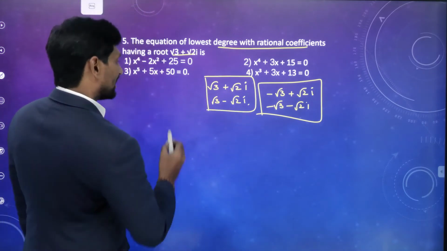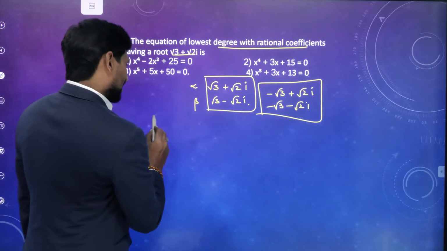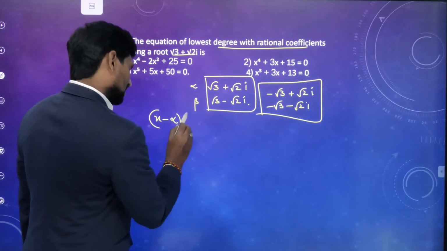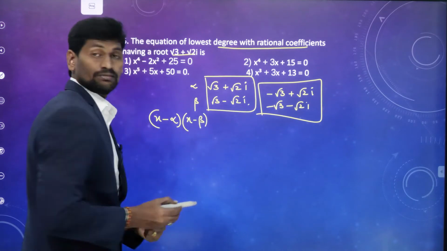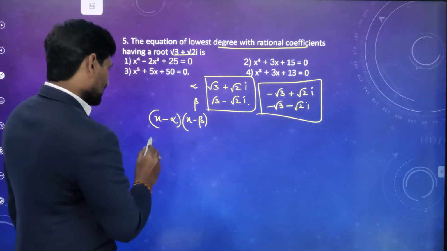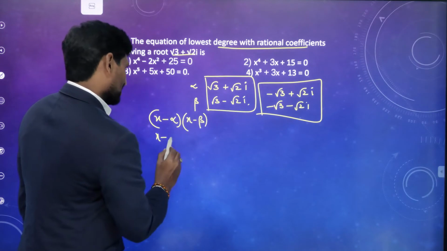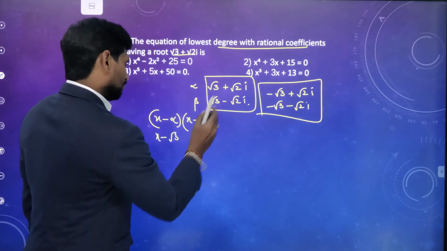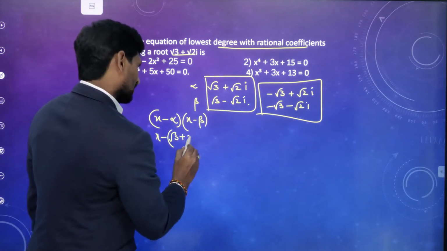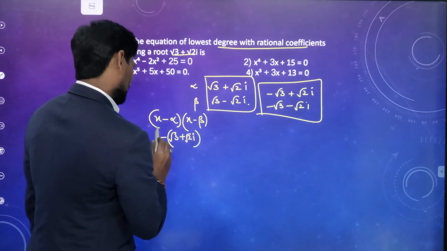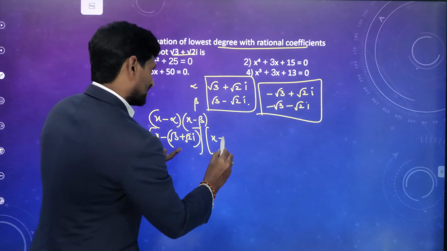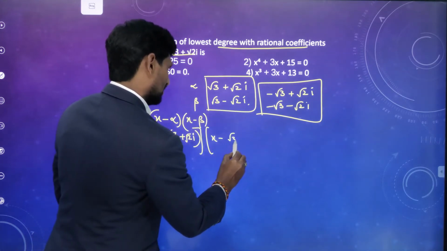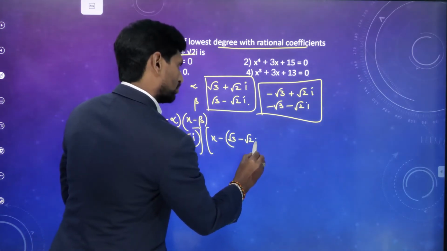So from this, let us take alpha and beta. According to our condition, we need to take x minus alpha into x minus beta. Okay, na? Substitute here. x minus alpha value root 3 plus root 2i, first one, and second one x minus root 3 minus root 2i.